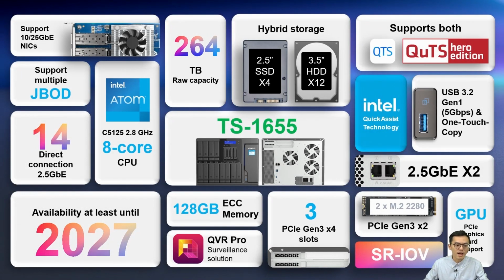Before ending, I will use this page to sum up the features of TS-1655. Let's summarize briefly what we have looked at. TS-1655 adopts an Intel Atom 8-core CPU. In addition to being a dedicated virtualization machine, it can also be a monitoring machine for large capacity expansion. It can also be directly connected to multiple 2.5 gig devices at the same time, up to 14 devices.